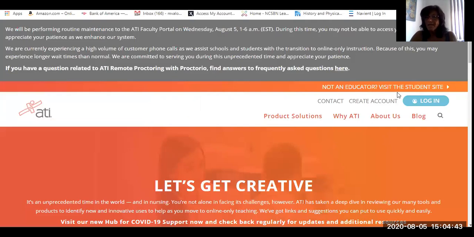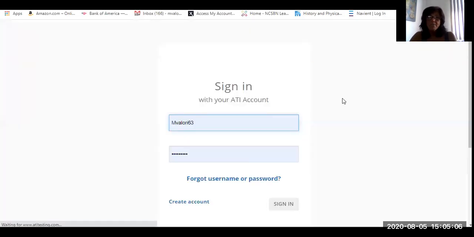Log into ATI and we're going to do some practice. I'm going to log in under the student view so that you can see it the way you would see it, not the way I see it as an instructor. There are two things: the practice and adaptive quizzes is one, and then there are pharmacology flashcards in there as well that can help you with specific drugs.